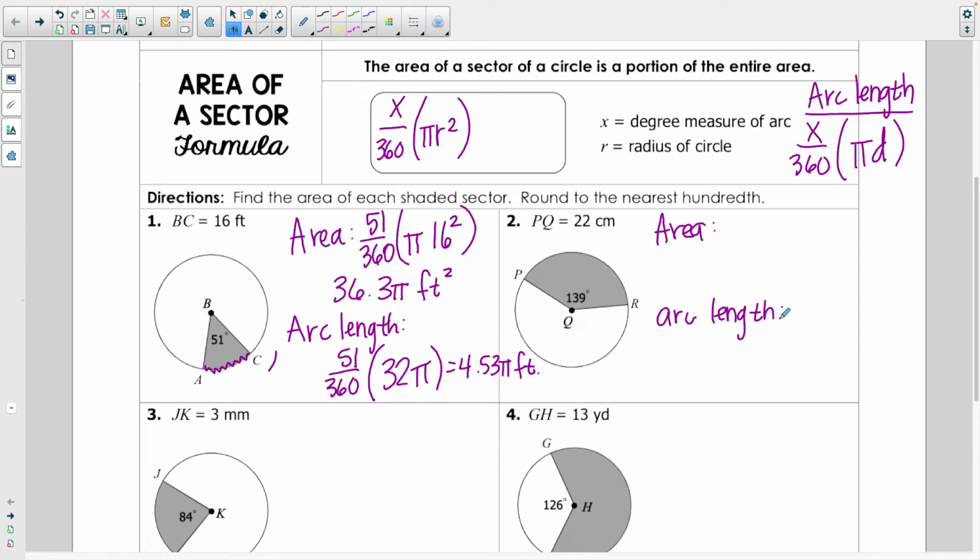And you can just leave pi in your answer. So don't put pi on here.